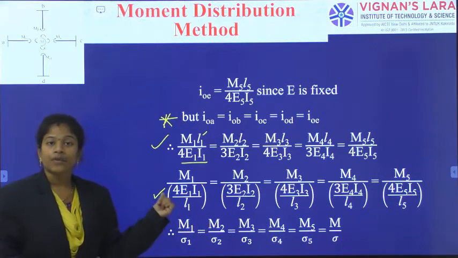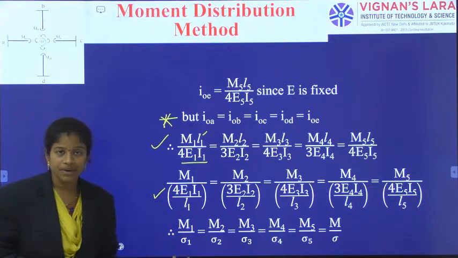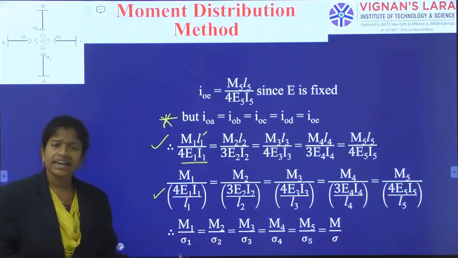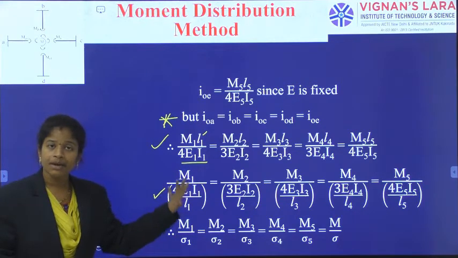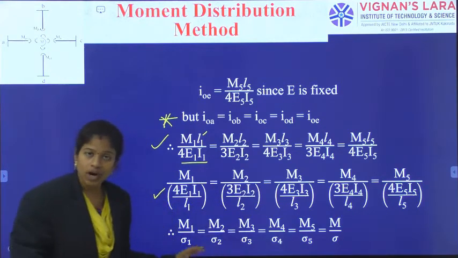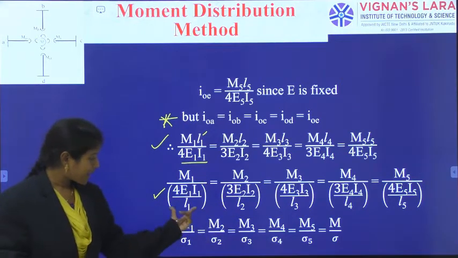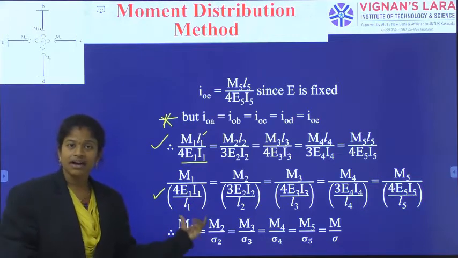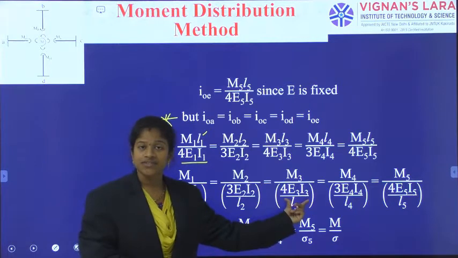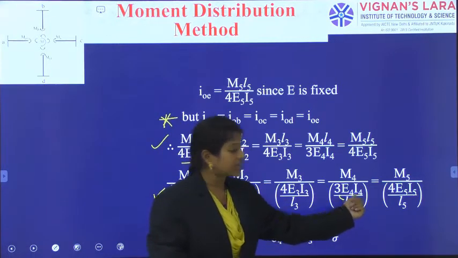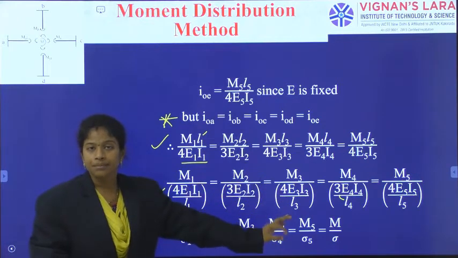When the farther end is being fixed, the stiffness of the particular member will be 4EI by L, which I am indicating as sigma. So M1 by sigma 1, M2 by sigma 2. What these sigmas are indicating? Stiffness of the particular member as fixed end. As B is hinged, 3, as C is fixed, 4, again hinged due to 3, and again fixed 4. So in this way we have got stiffnesses of the members.